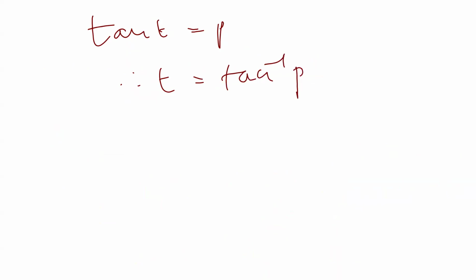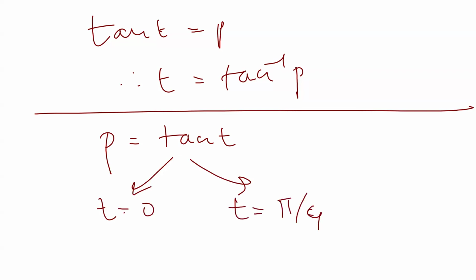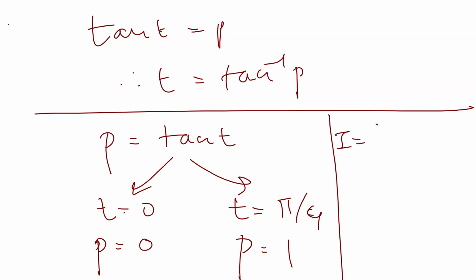Okay, also now we have to change the limits once again. P is equal to tan t, t is equal to 0, t is equal to pi by 4. So when t is equal to 0, p is equal to tan 0, which is 0, p is equal to tan pi by 4, which is 1. So 0 to 1. Okay, so this will be integration of 0 to 1.